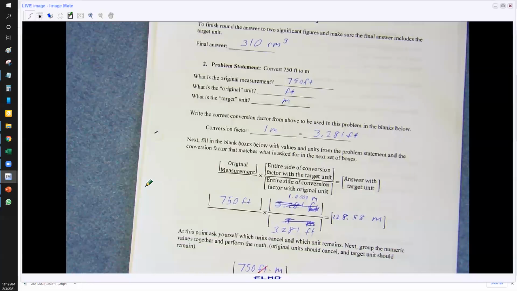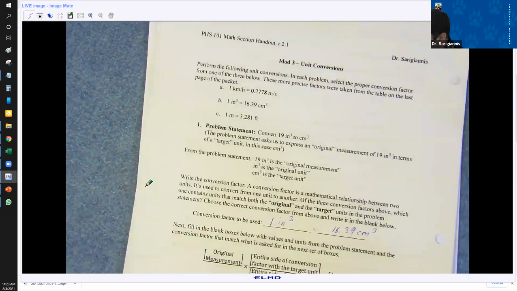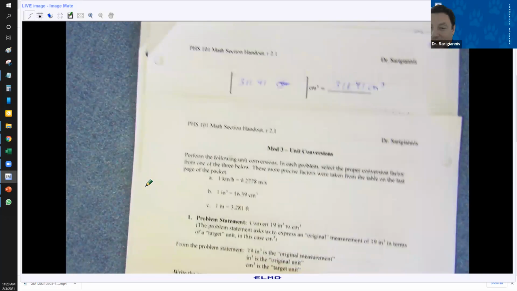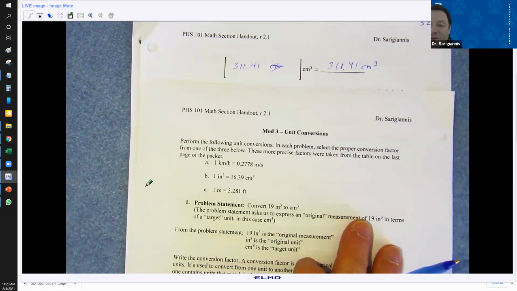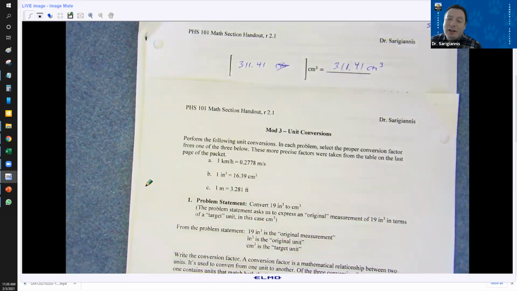My second question is the 3.281. Where'd you get the 0.281? Because on the chart it just says 3 feet, and if you do just 3 feet, it'd be a different answer. Yes, this is module 3, unit conversions. The first part of the packet, we were only looking at approximate values.